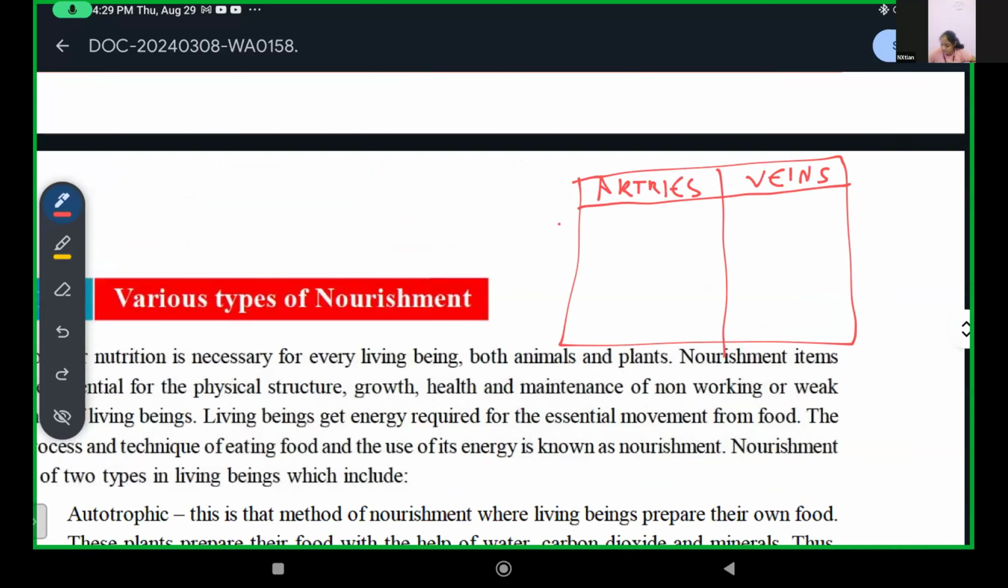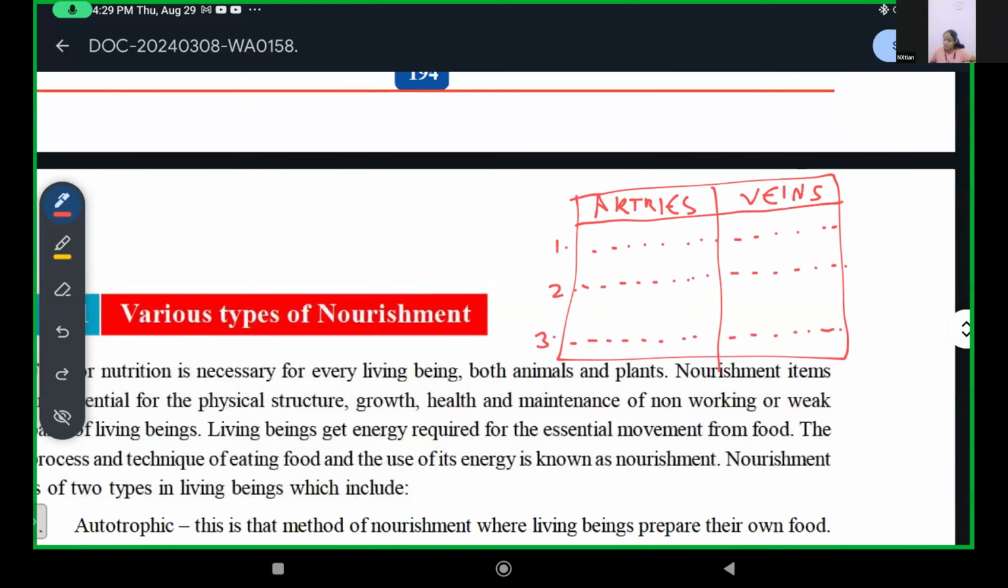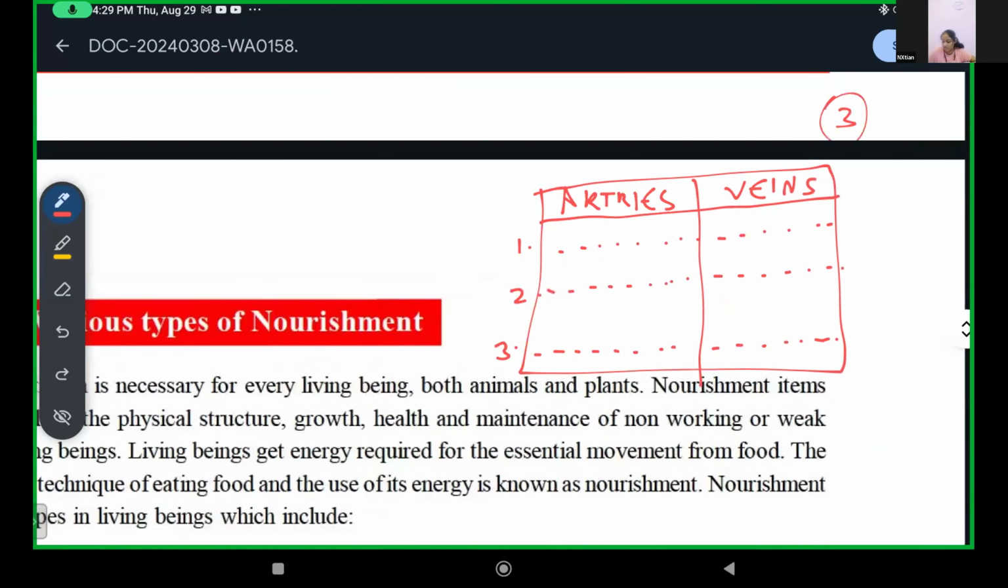Then for point 1, write what this artery means, what this vein means. Then leave one line, 2: walls of arteries thin or thick, walls of veins thin or thick. Third point, if they carry blood towards the heart or away from the heart. So if there is a difference of 3 marks, I'll be requiring 3 points.